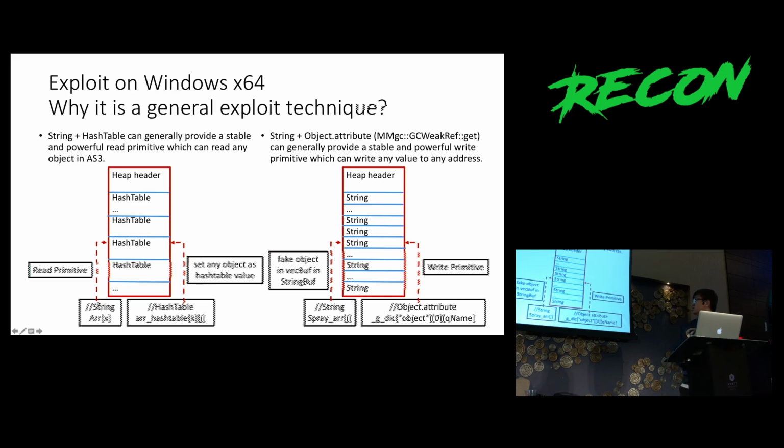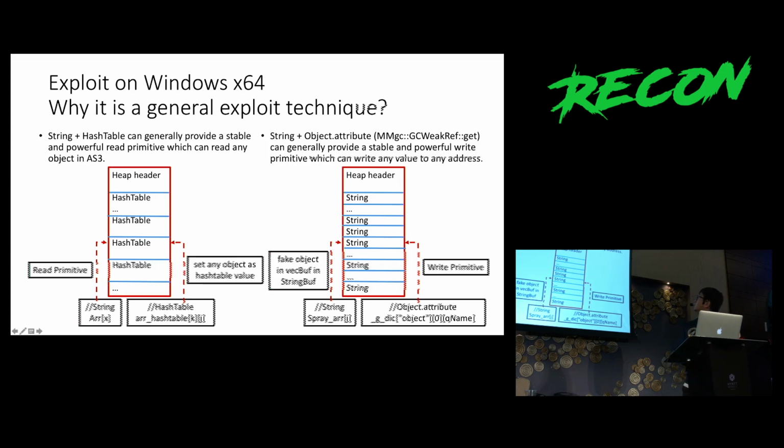Here, you can see in the AS3 layer, there are 2 objects, string and hash table, both referencing the same memory. The memory content is hash table. We can set any object as hash table value and use string to read the content of any object. It's a very powerful and useful capability of InfoLeak.